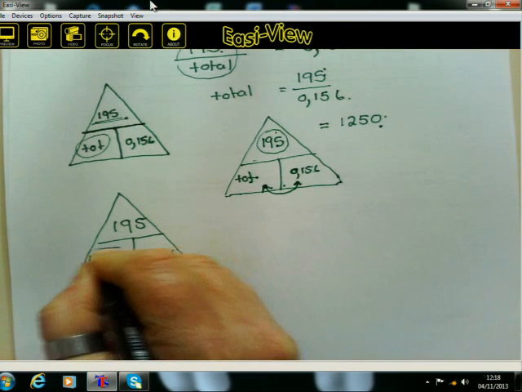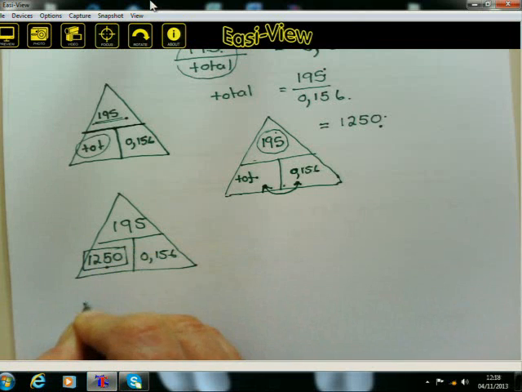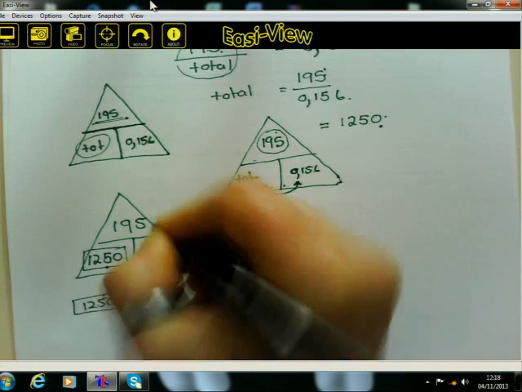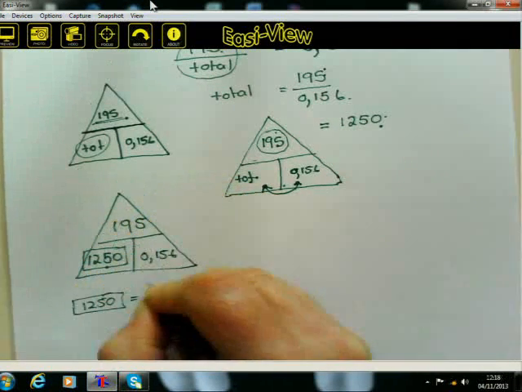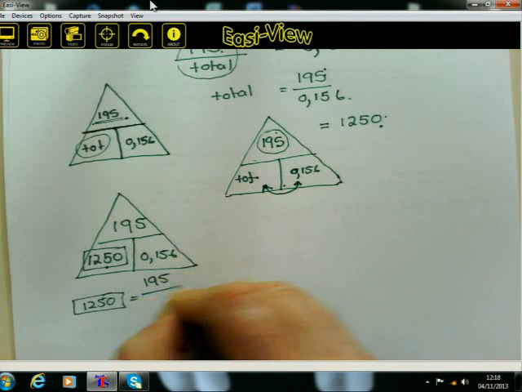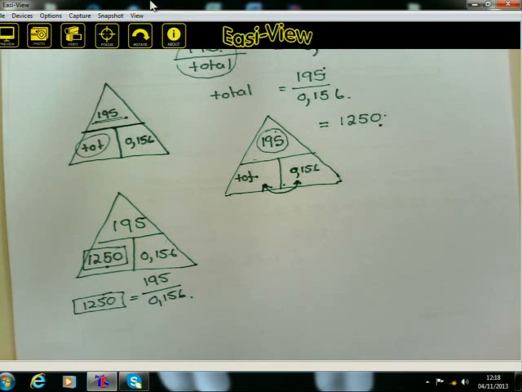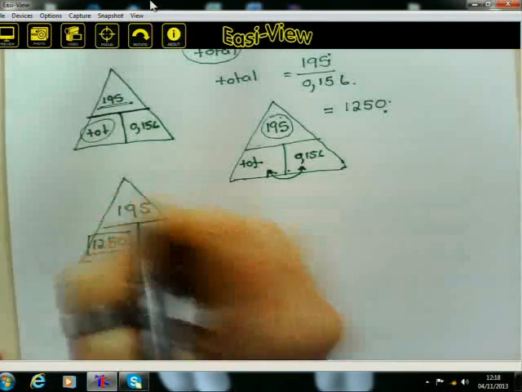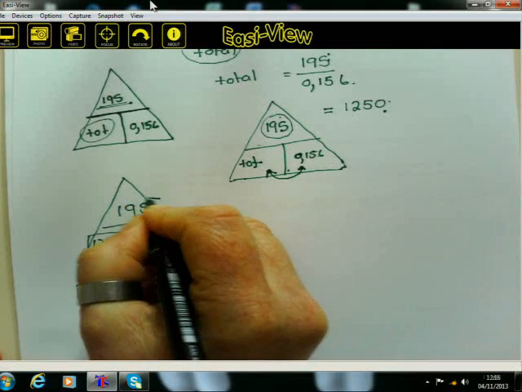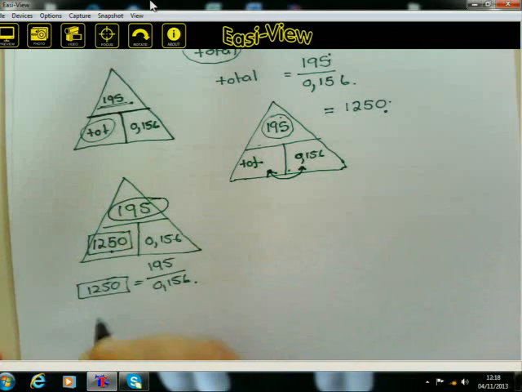To get this number here, the 1250, we simply say the value at the top, 195, divided by the value at the bottom, 0.156.